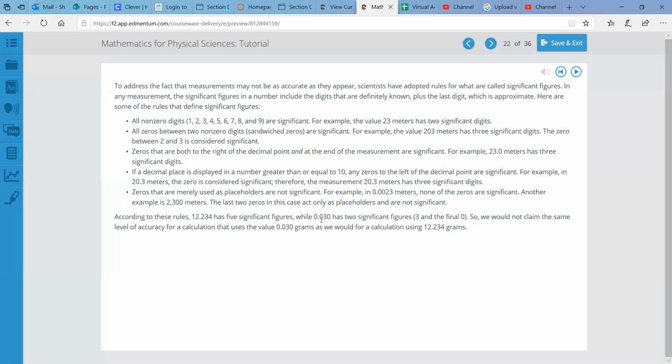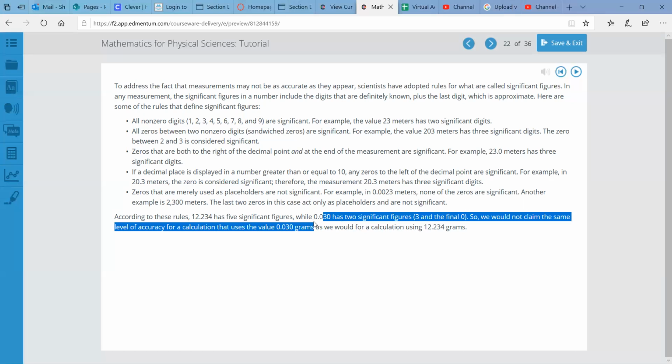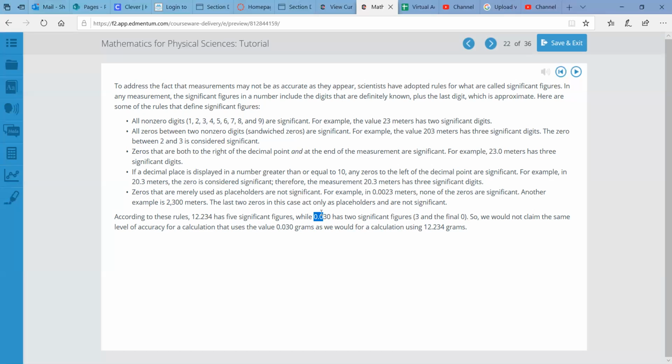So 0.0, nothing sandwiched between these. So just the 3, and then the last 0, because the 0 at the end of the measurement means that you can be accurate up to the 3rd decimal point. So 2 significant figures here.